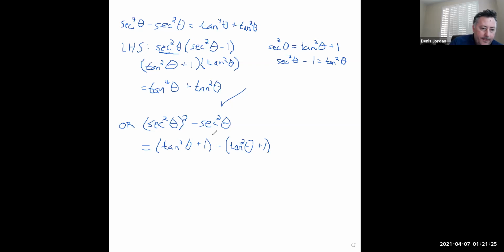Oops. Forgot the square on that. And then it's just a matter of foiling and distributing the negative. So that'd be tangent to the 4th plus 2 tangents squared. So that's the foiling part, and then the rest of it just distribute the negative into the second set of parentheses.